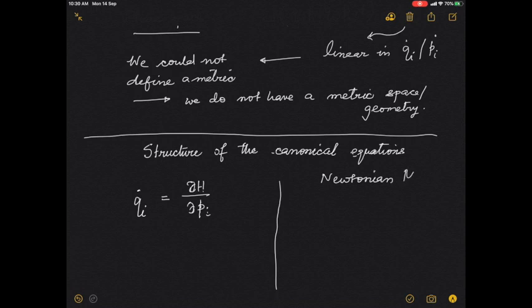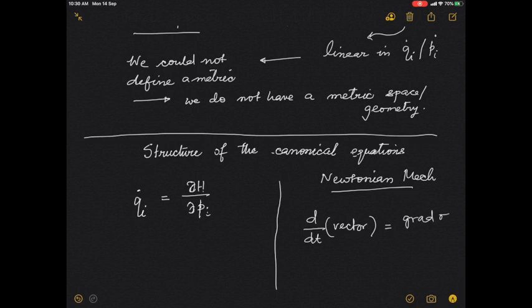If you remember Newtonian mechanics, you have the form like d/dt of a vector equals gradient of a scalar, right?